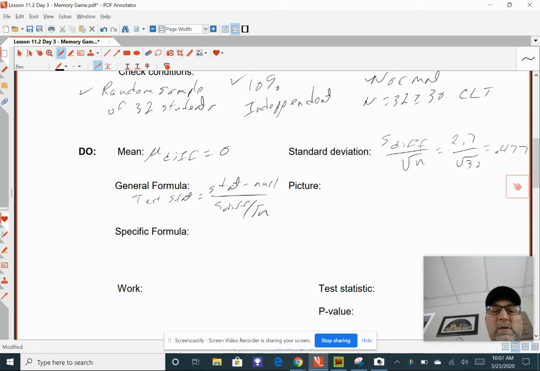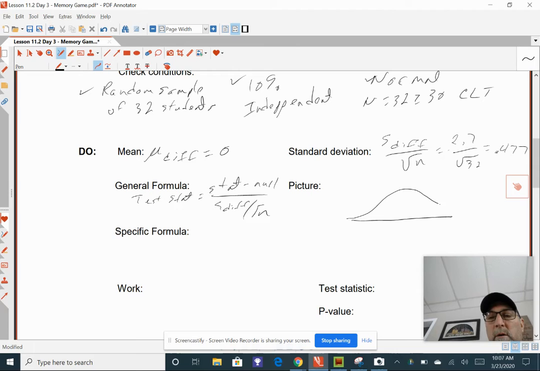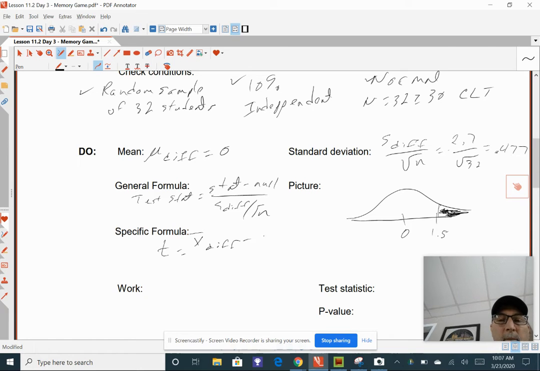All right, so our picture in this case, draw it out. 1 sample, we've got 0 here, 1.5 down here, and we're shading in this part down here because we're talking about more than 1.5, 1.5 or more. All right, so we shade that in. Specific formula then, t equals the x bar difference minus mu difference divided by that same standard error.